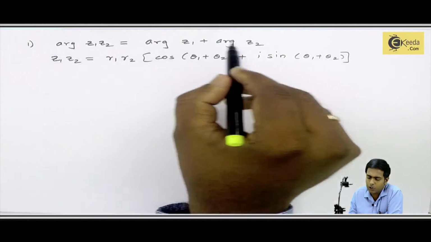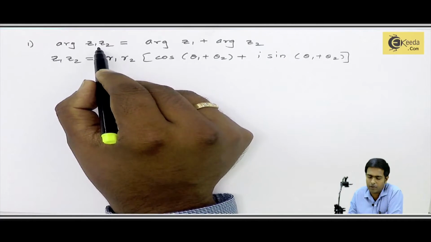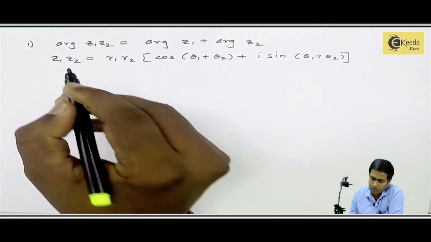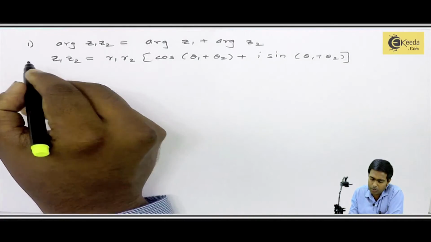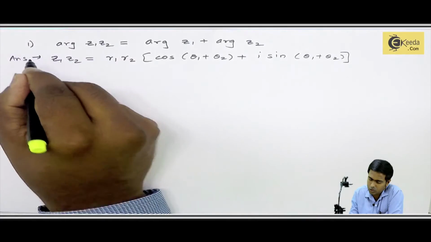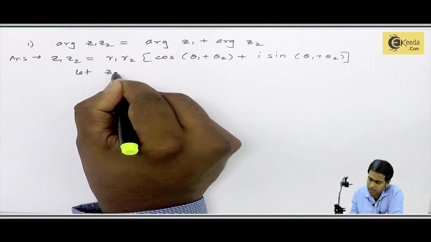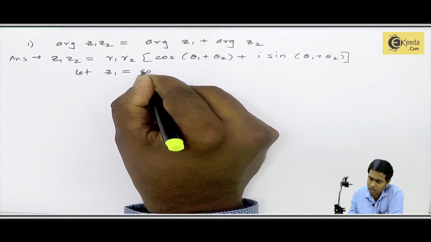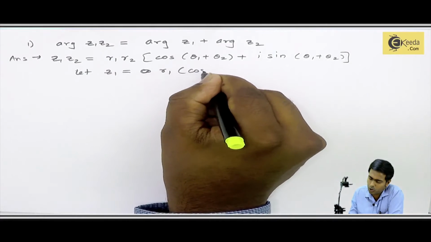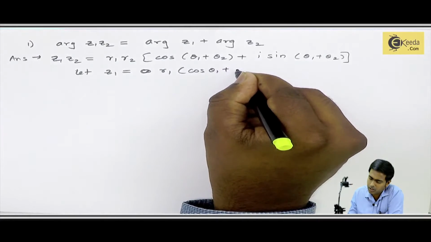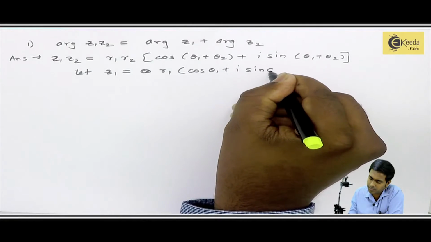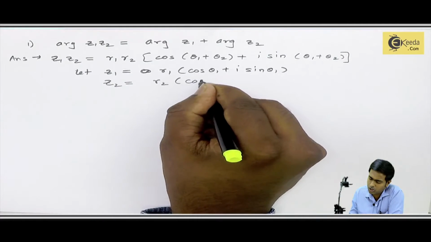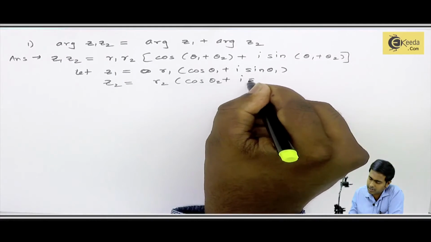Now to prove this new result, that is argument of z1 into z2 equal to argument of z1 plus argument of z2, let's consider two complex numbers. One complex number is z1, that is nothing but r1 into cos of theta 1 plus i sin theta 1, and another complex number z2 as r2 cos of theta 2 plus i sin theta 2.